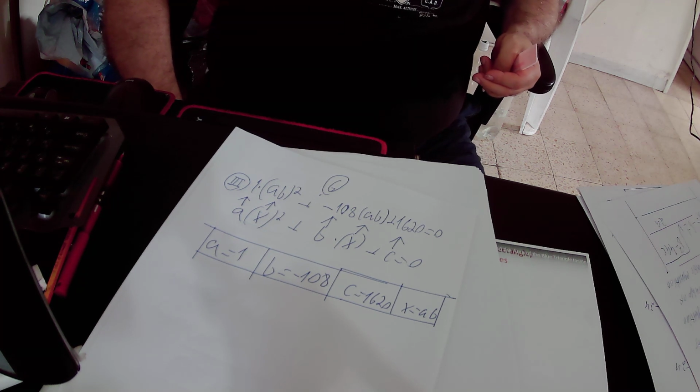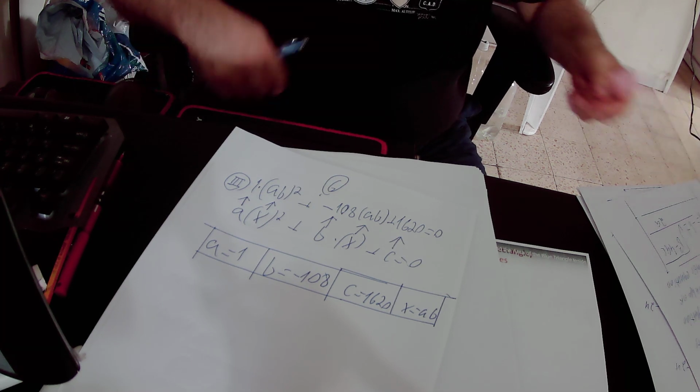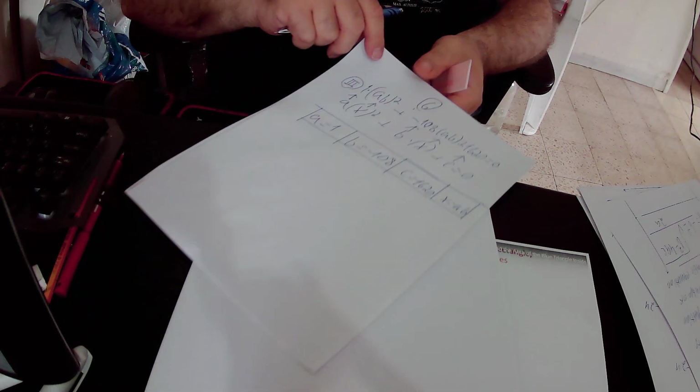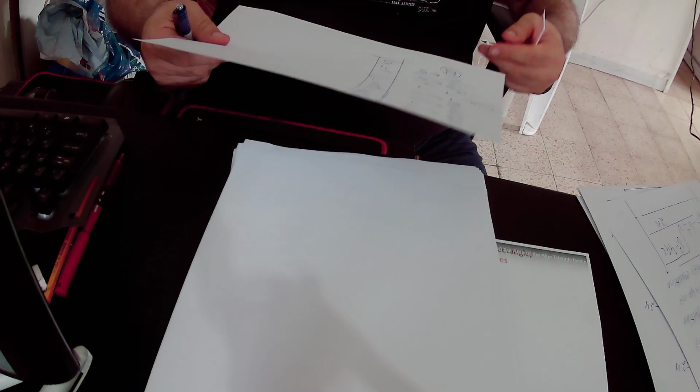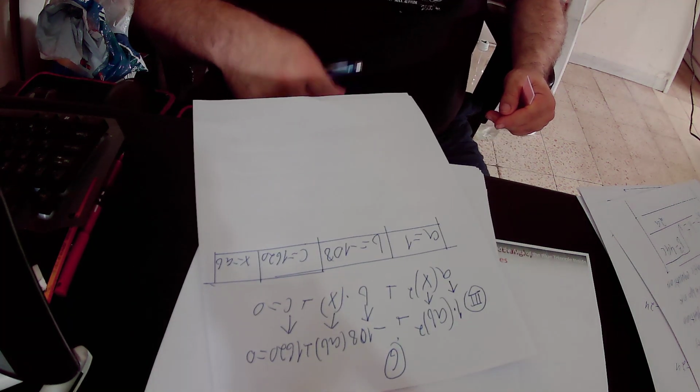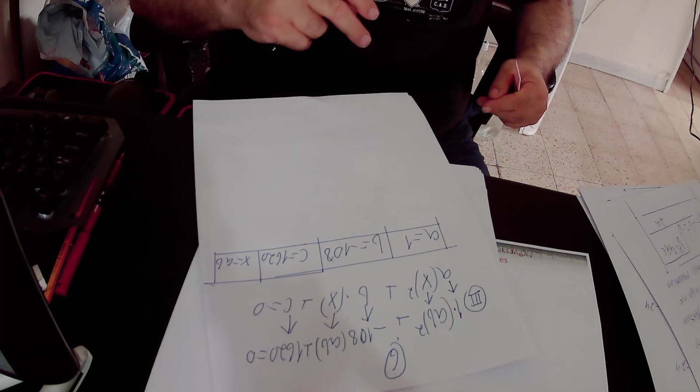So we copy again the general formula for x in order to find out the value of AB. You should remember that x equals AB.